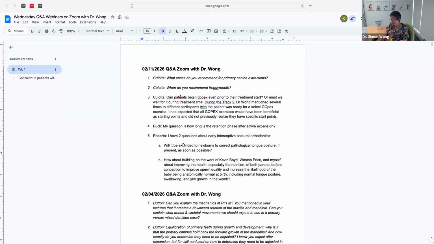They may have an action that locks them into a specific malocclusion. In those circumstances, we don't recommend any form of the chewing at the dinner table exercises until that crossbite has been rectified by changing the structure with our appliances. In those circumstances, the GoPex training is held off until the crossbite is resolved.